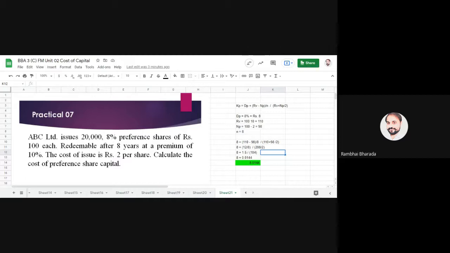Now this entire calculation above: 12 upon 8, how many? 1.5. 208 upon 2 is 104. 8 plus 0.0144. The final answer will be 8.0144.